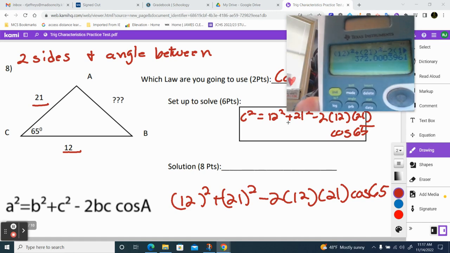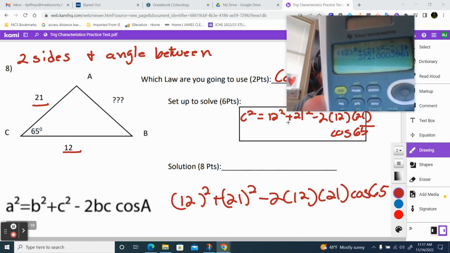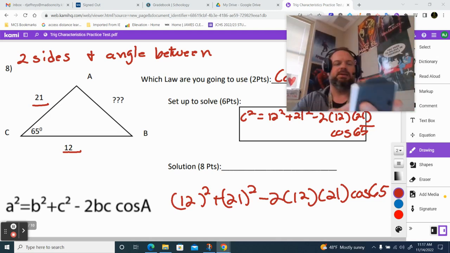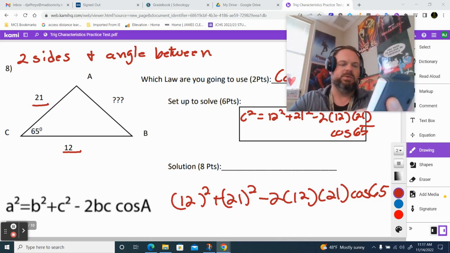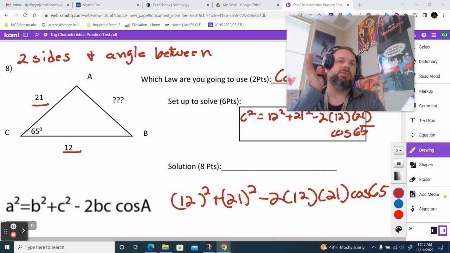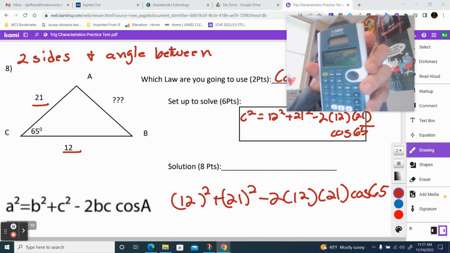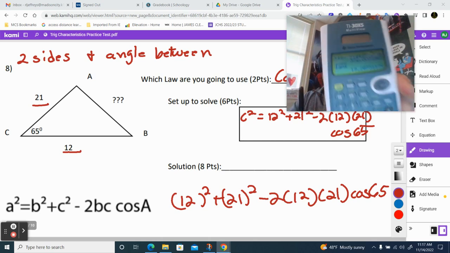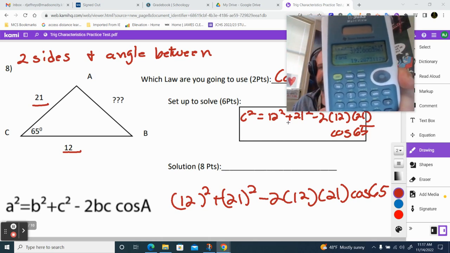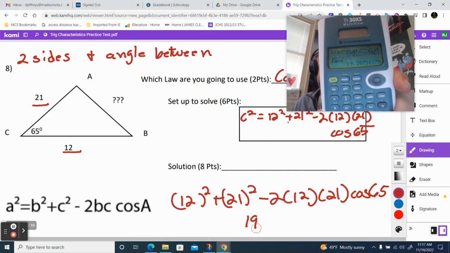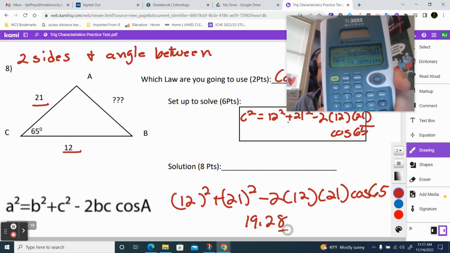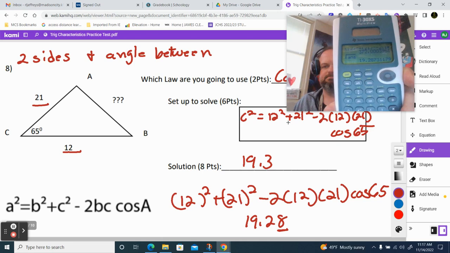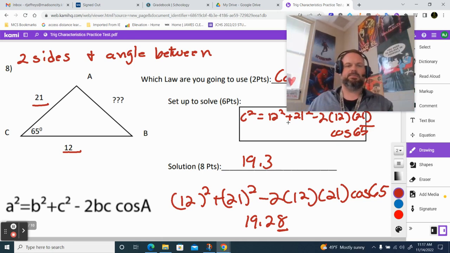But we're not done. After this, you have to take the square root of this. So I would hit second square root, second answer. That's if you have a calculator like mine. Some other people's calculators you have to hit shift. We get 19.28. We're rounding to the nearest tenth, so this would actually be 19.3.